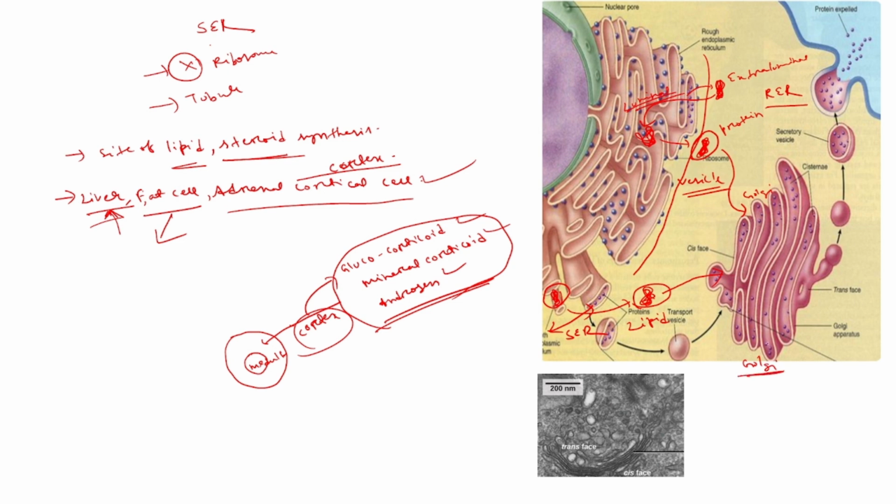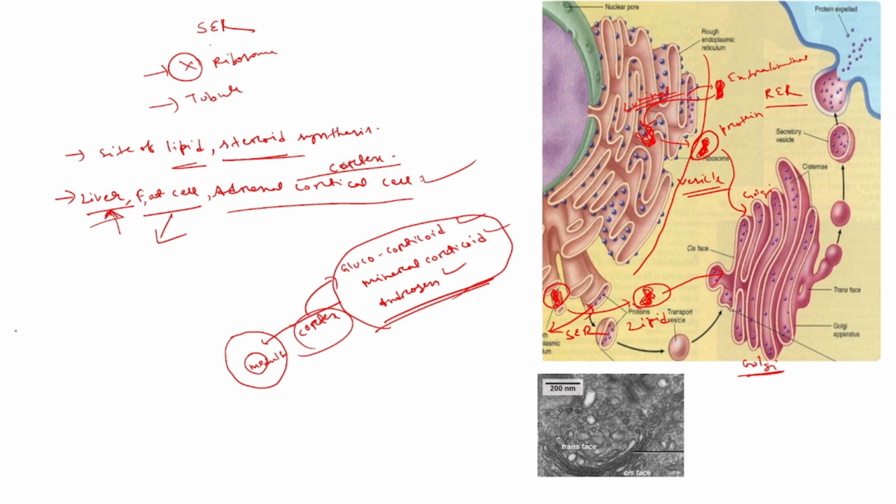So what is the function of the rough endoplasmic reticulum and the smooth endoplasmic reticulum? Rough endoplasmic reticulum function is the production of protein, and after that it forms the vesicle and transports to the Golgi. Smooth endoplasmic reticulum synthesizes the lipid and the steroid, and then it forms the vesicle-like structure and it's transported to the Golgi again.